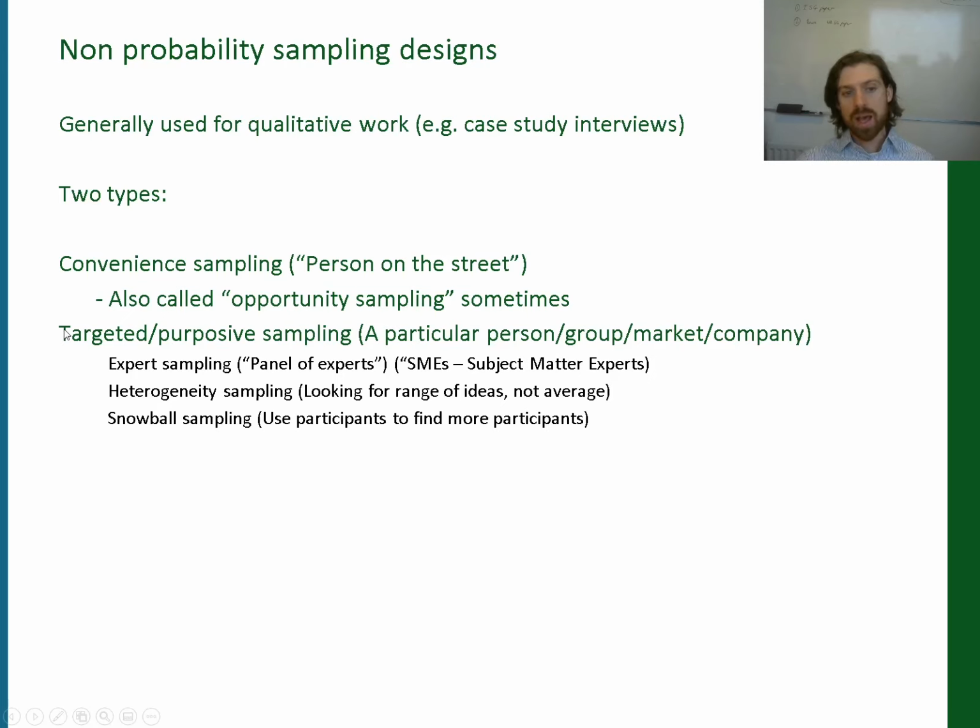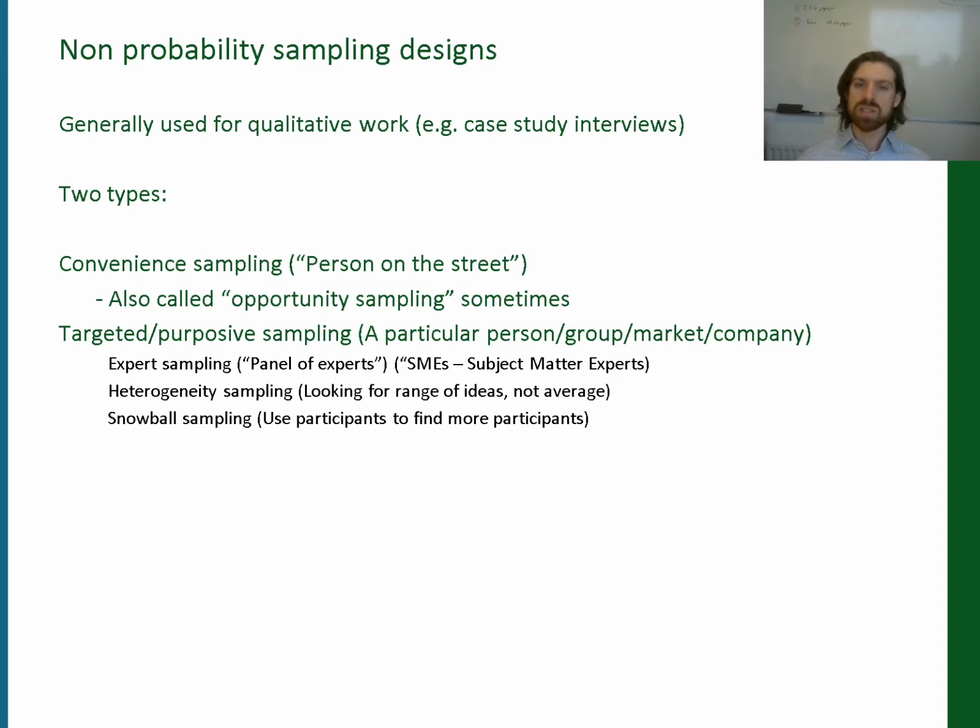And then the second type is a targeted sample. I did quite a bit of this in my PhD work, and this is where you might say that you hypothesize that this is how the world works, and therefore, in order to understand if that effect exists, you might decide that you need to speak to a particular person or a group of entities or a market or a particular company within a market of certain industrial sectors.